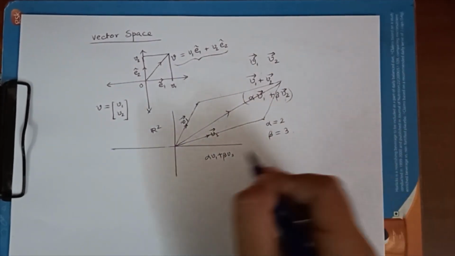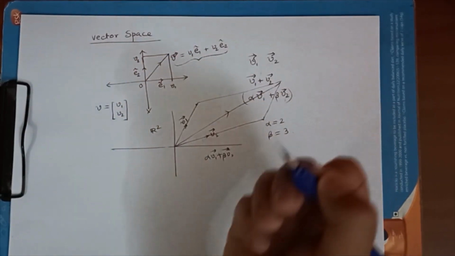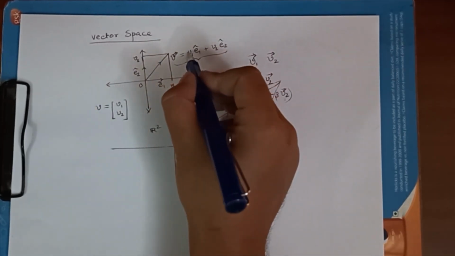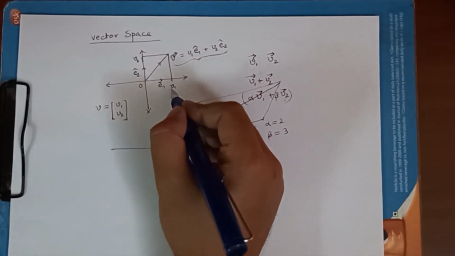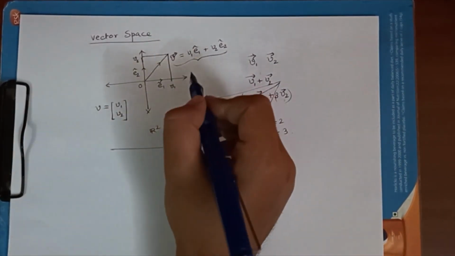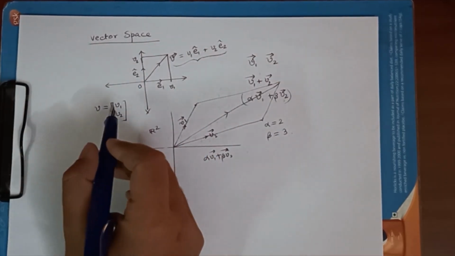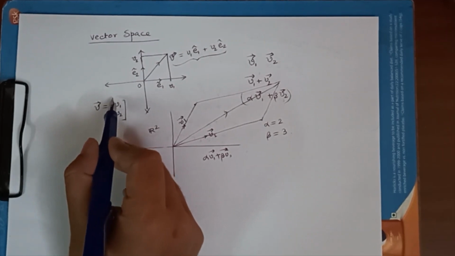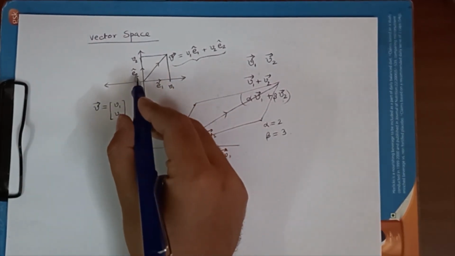For the vectors I am giving some arrow above it, and here also v has an arrow. For unit vector I am just giving a hat, and when I am writing some v1 or something, this is basically a scalar, some real number. So this value can be 2, this value can be 4, something like that. So we can represent this vector v in a unique way when this e1 hat and e2 hat are fixed.